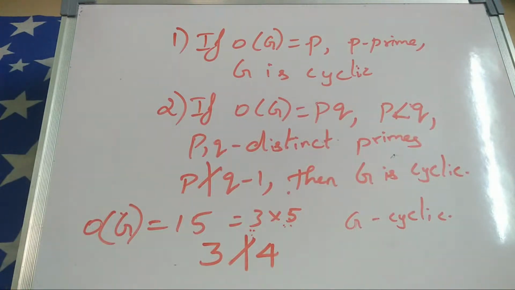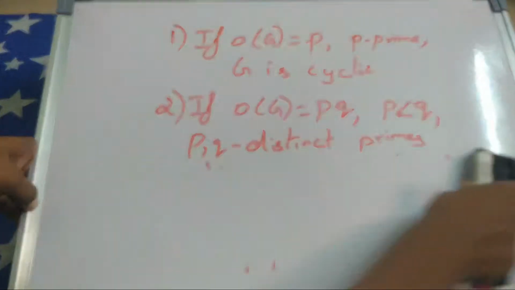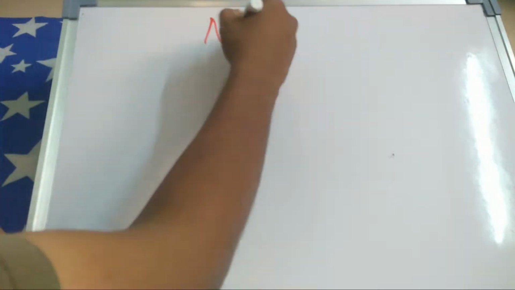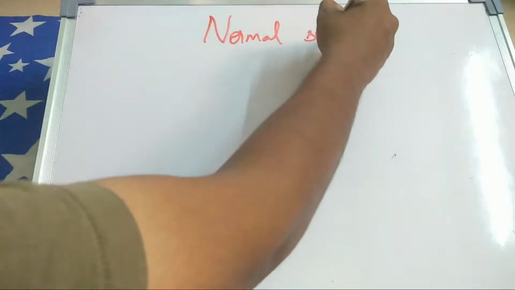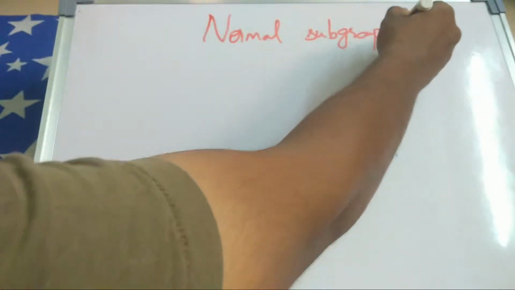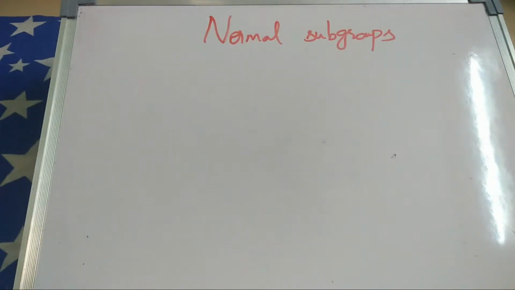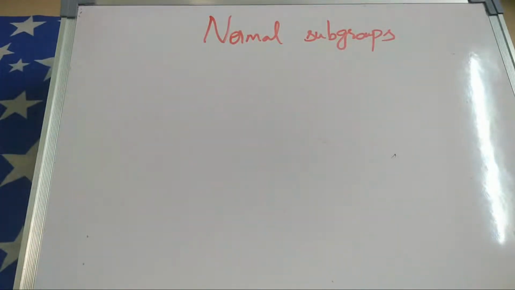So let us move into normal subgroups. In the first class, we discussed what a subgroup of a given group is. So we know what a subgroup is. So what is the need of such normal subgroups?